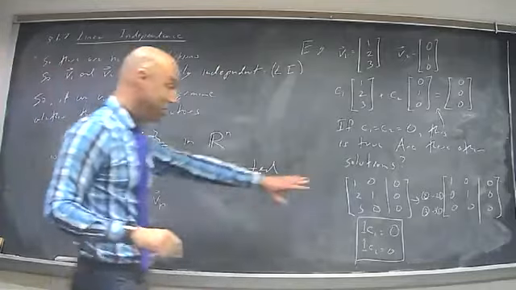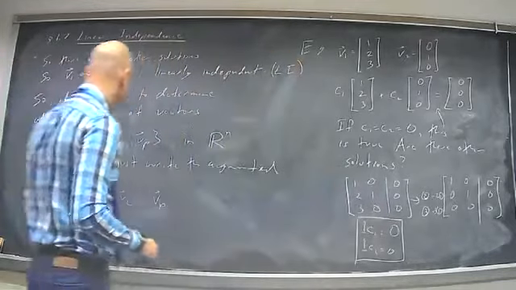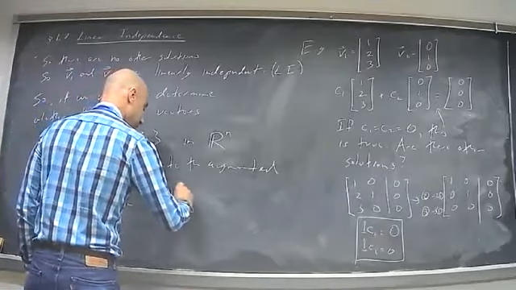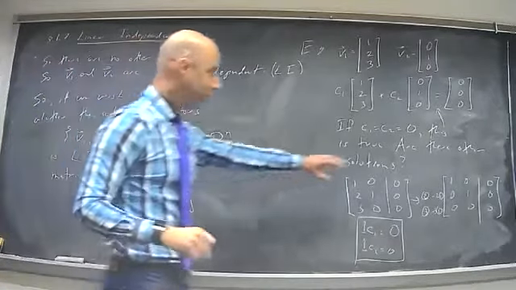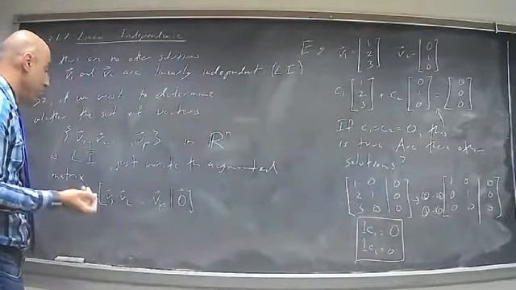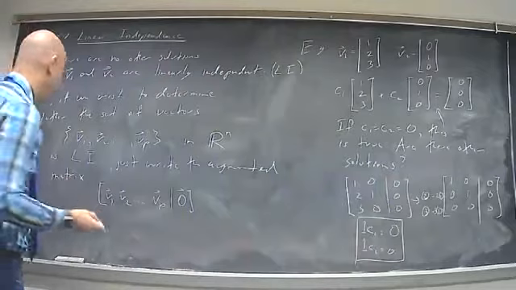I only had two columns over here because I only had two vectors. Vertical bar, then the zero vector.